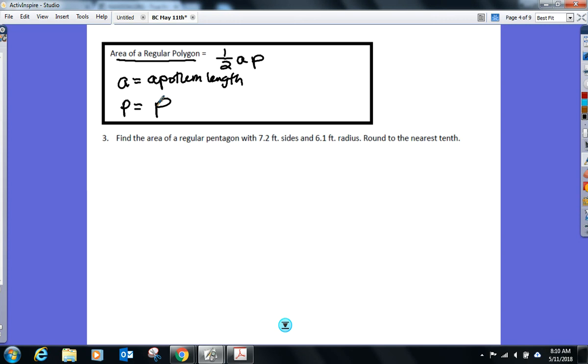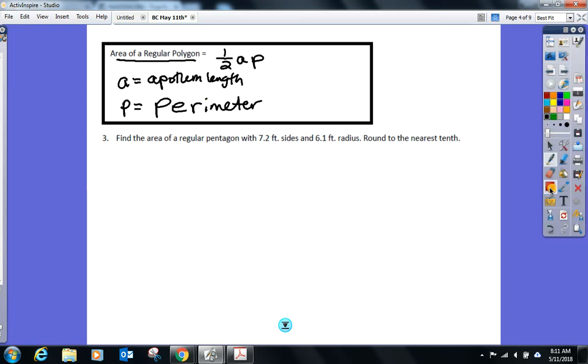There you go, I'll give you the first letter. Any guesses yet before I reveal a second letter? Perimeter. Yep, the perimeter of the figure. Oh, you kids are clever.